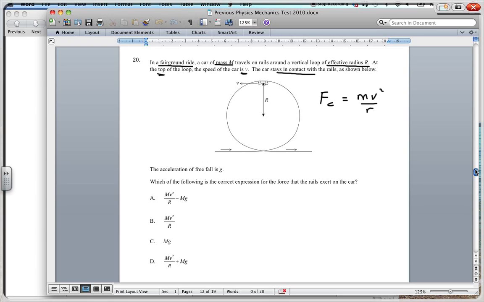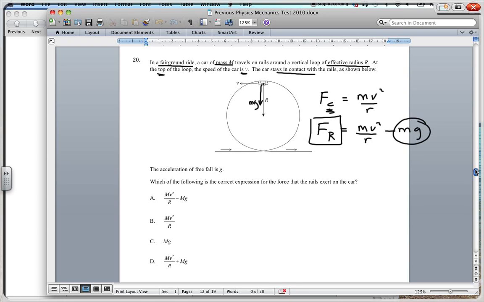Now, the force reaction is going to equal mv squared over r minus mg. The reason for this is that your reaction force has to supply the extra force because mg is working in the same direction. You've got mg there. That provides some of that.